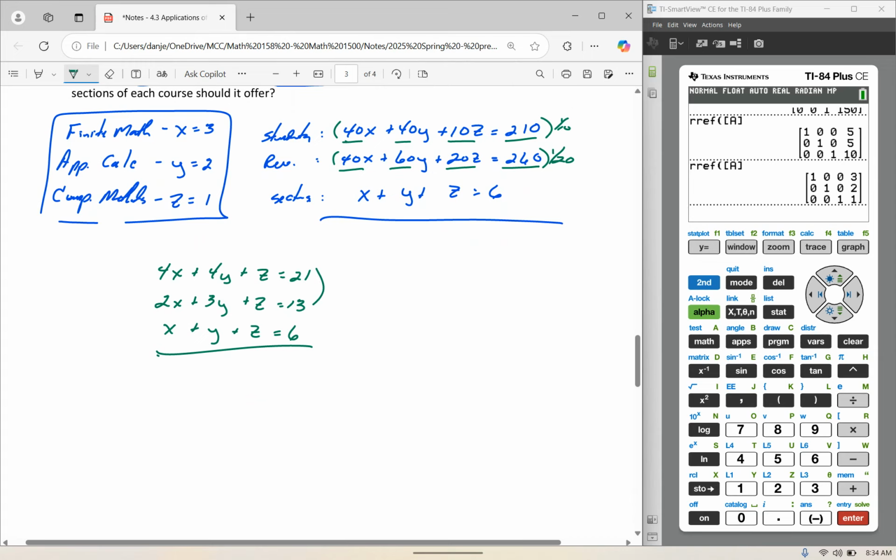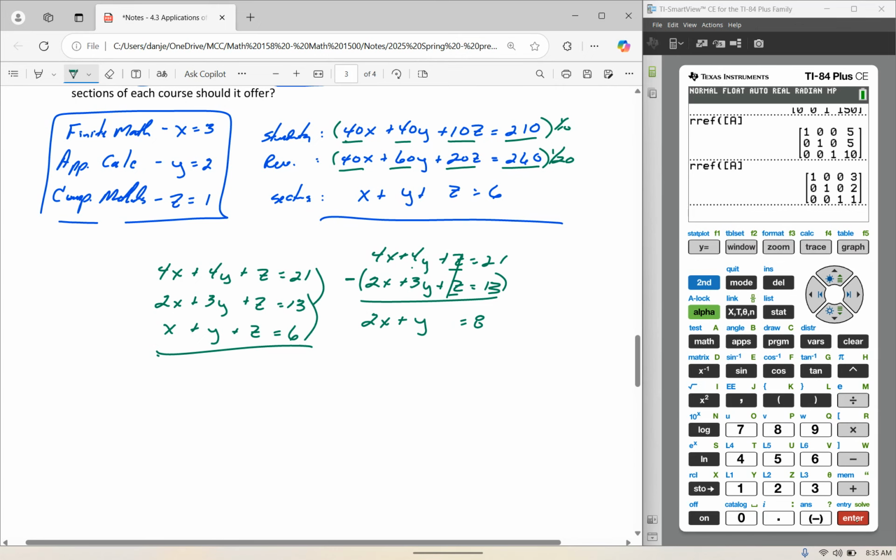I can take my top 2 equations, 4x plus 4y plus z equals 21, 2x plus 3y plus z equals 13, and I could subtract the bottom equation from the top. 4x minus 2x is 2x, 4y minus 3y is 1y, z minus z, those will cancel, and then 21 minus 13 is 8.